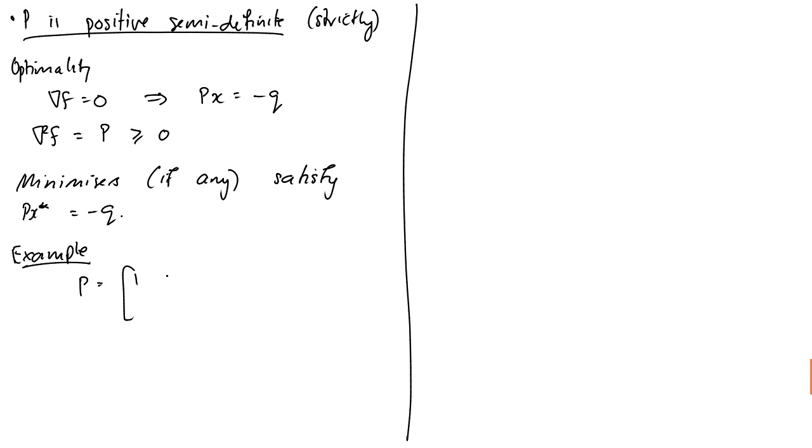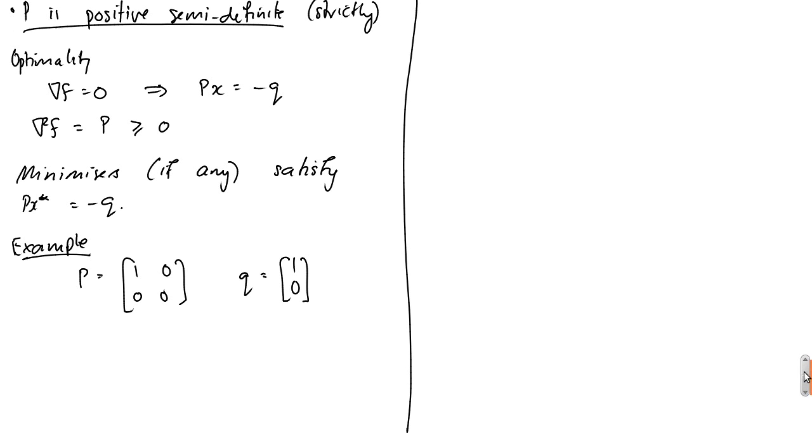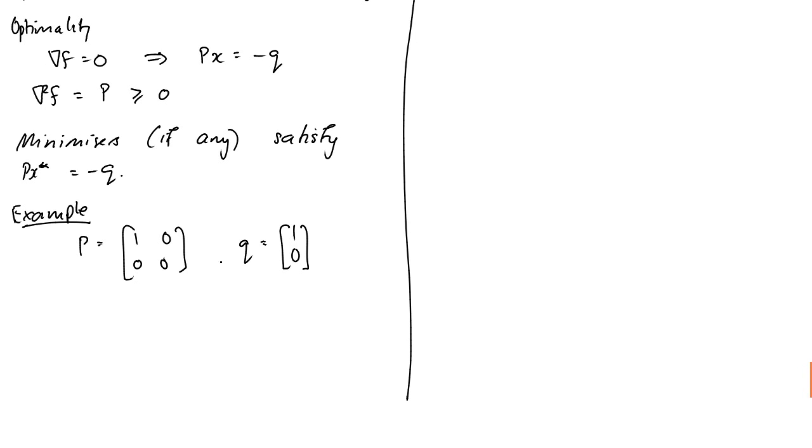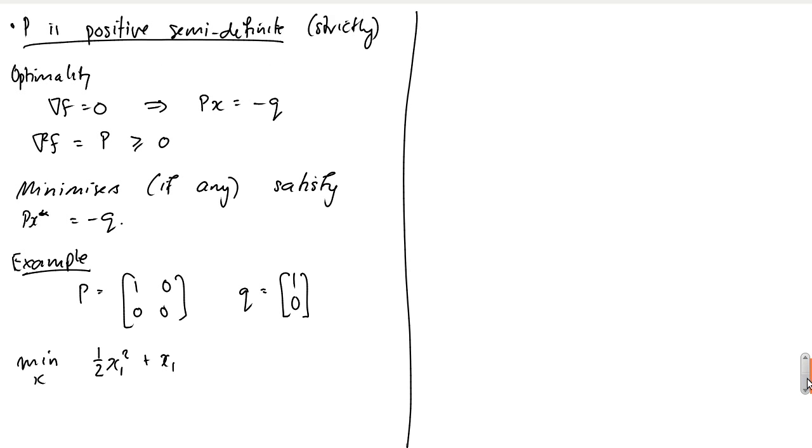This matrix here is clearly positive semi-definite because its eigenvalues are its diagonal entries and one of them is 0. The rest are positive, and our q is equal to (1, 0). And we want to minimize over x 1/2 x1 squared plus x1. So if we want to solve Px equals negative q, let's bring it back up again.